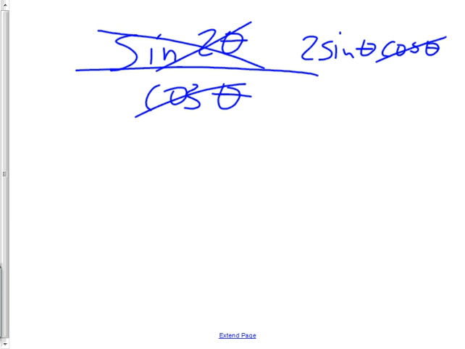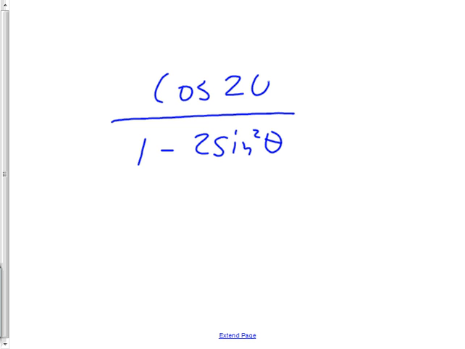Now let's do one with the cosine double angle in it. And let's make this 1 minus 2 sine squared theta and cosine of 2 theta. Let's see if I can handle that one. You can use your sheet for this one, because cosine of 2 theta is not one you have memorized. But it's on the sheet.